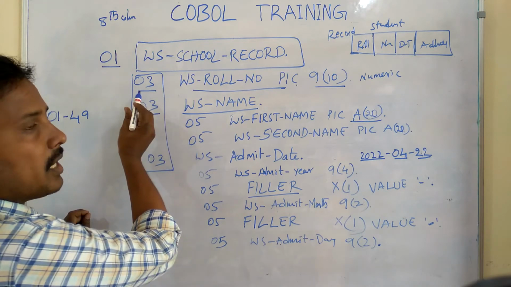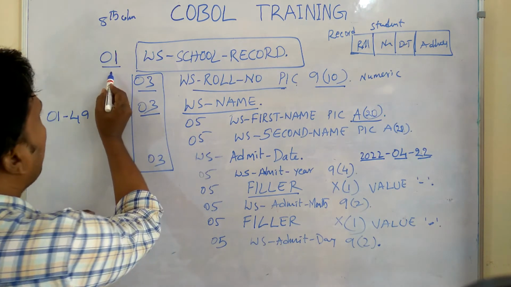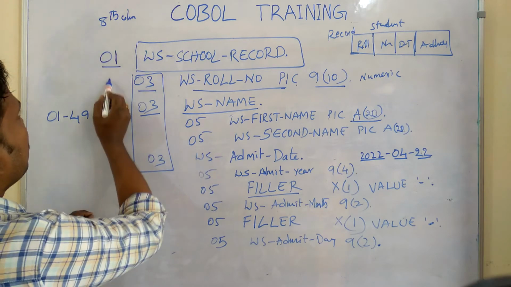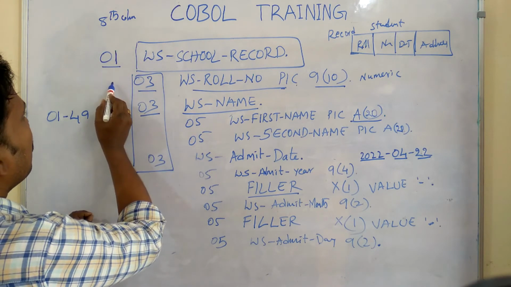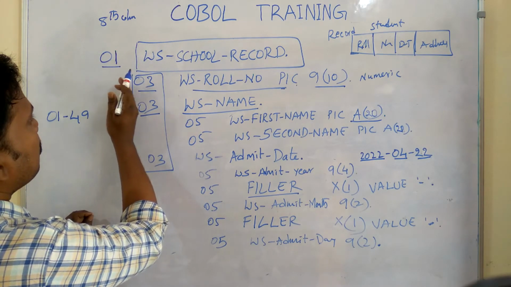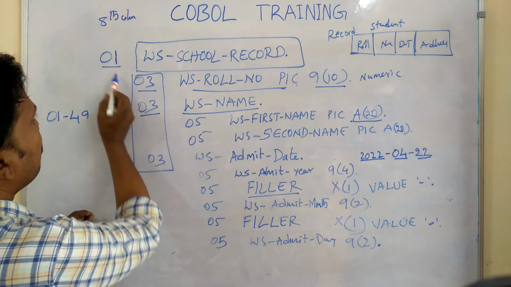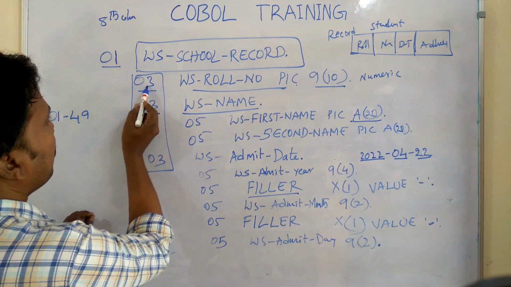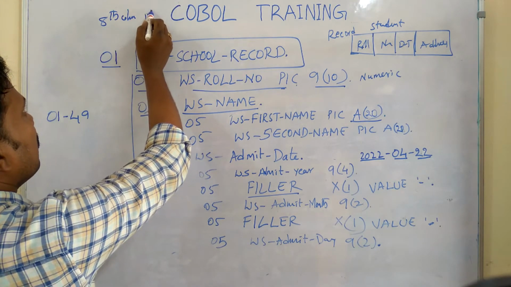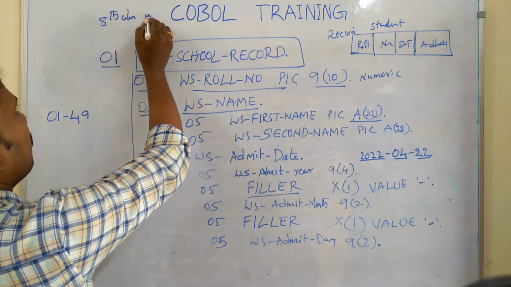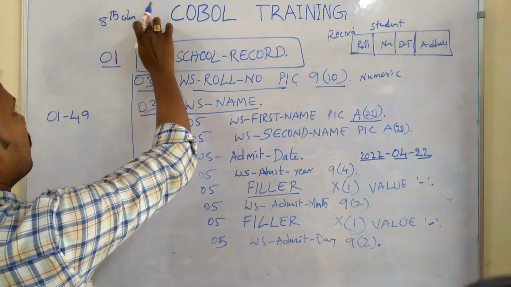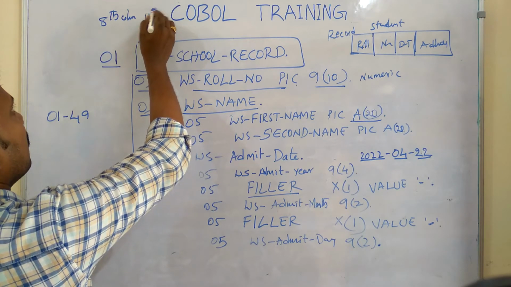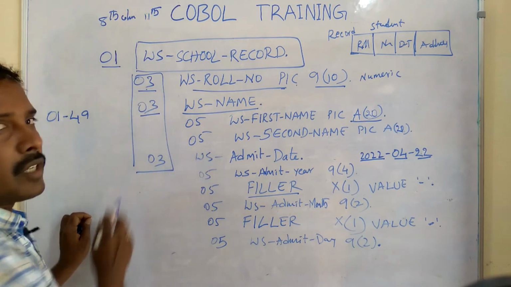For example, here I have given 03, and from the 8th column we can move some columns to the right side. For example, at the 8th column we have given 01, and at the 11th column we should write the 03 level.